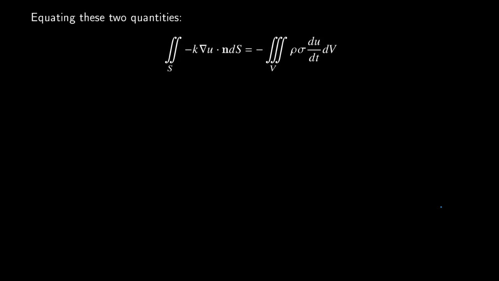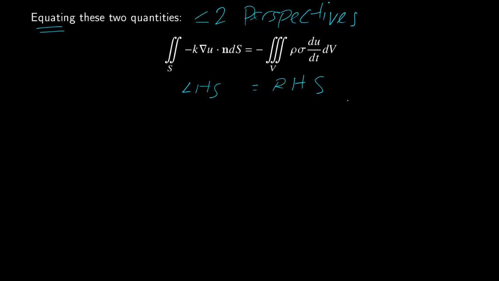We now equate the two statements. So we're now combining these two perspectives. The first one from part 1, and now we have another one looking at the surface integral. So what we have here is the left hand side equals to right hand side.